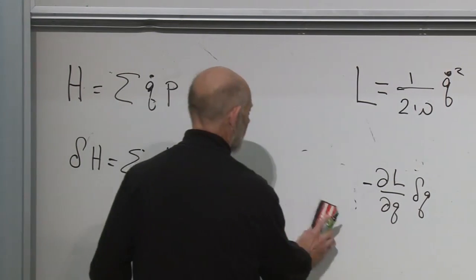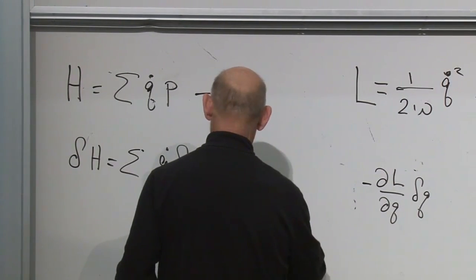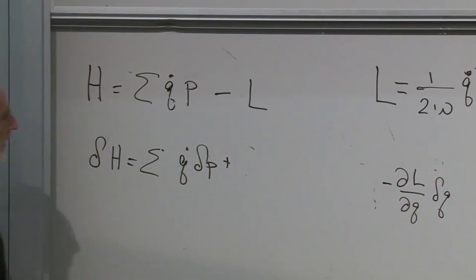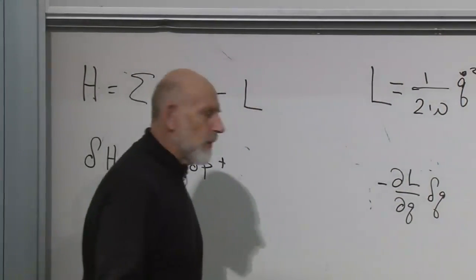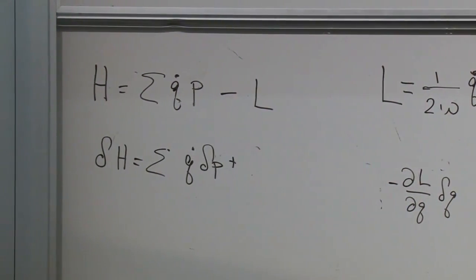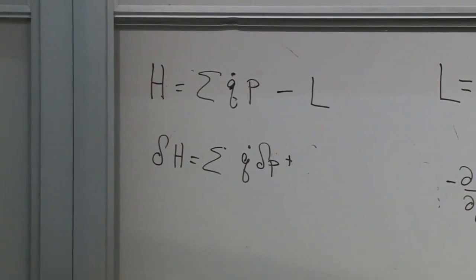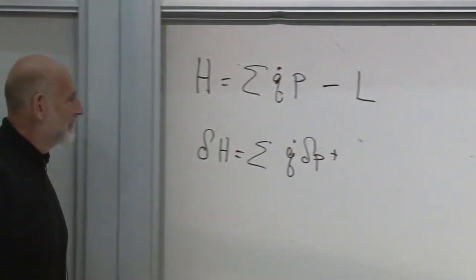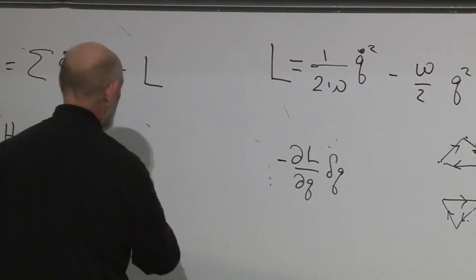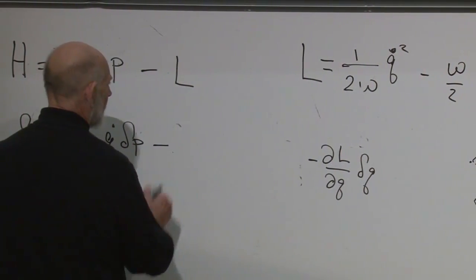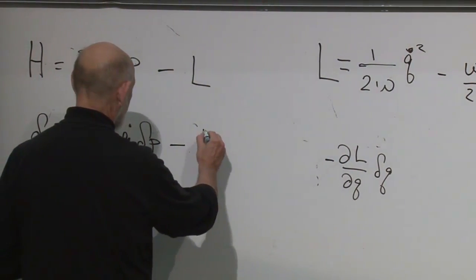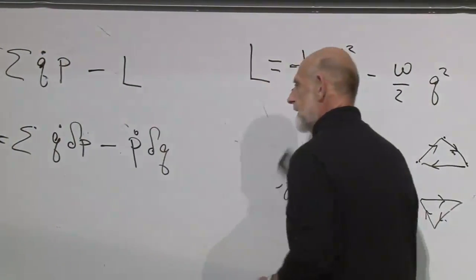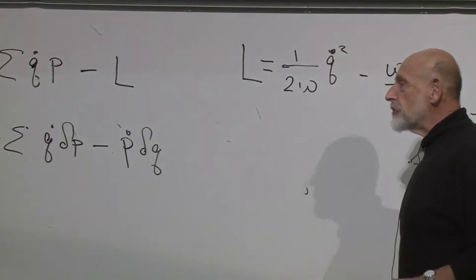That's nice. All right, so we have q dot delta p, and here we have the derivative of L with respect to q. What is that? It's the time derivative of the momentum. P dot. Yeah. Right. So let's put that in: minus p dot times delta q.